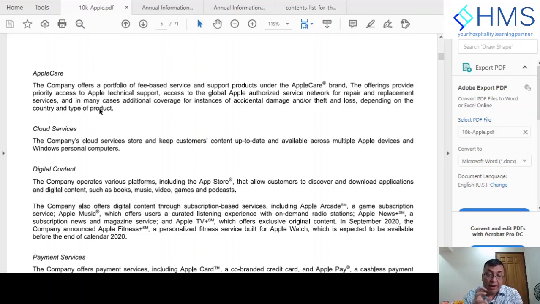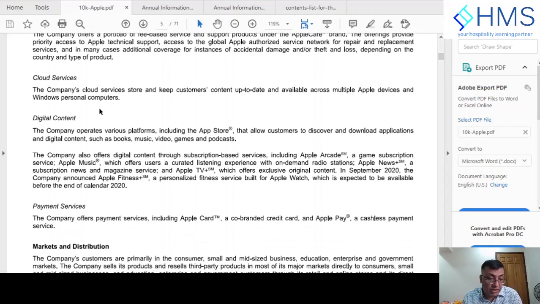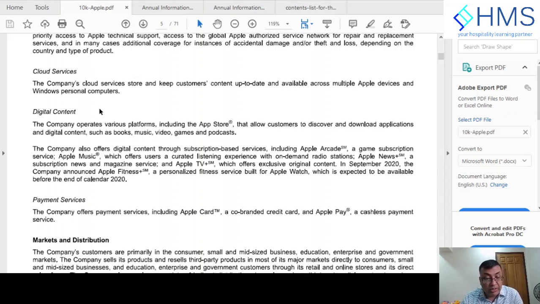Then they have cloud services to keep content up to date on multiple Apple devices, which is pretty important to understand. They have also gone into digital content, which allows users to discover and download applications and digital content such as books, music, video, games and podcasts. Then Apple TV, of course, is there, and Apple payment services, which is Apple Card.